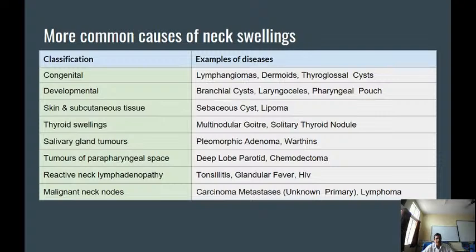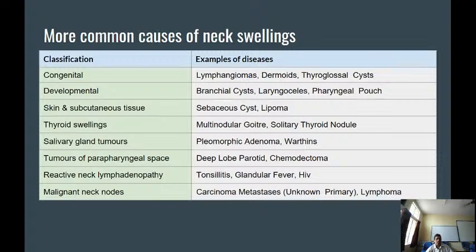Then you have the salivary gland tumors, pleomorphic adenomas and Warthin's tumor in relation to the submandibular triangle or the parotid glands. Then you have the infections in the oral cavity, which drain into the lymph nodes of the neck, so there is enlargement of the lymph nodes in the neck. Then you have the malignant lymph nodes, either primary or from the lymphoreticular system malignancies like the lymphomas, Hodgkin's.